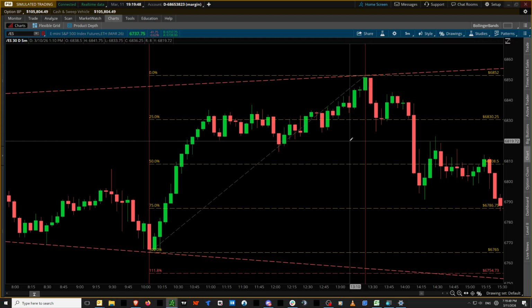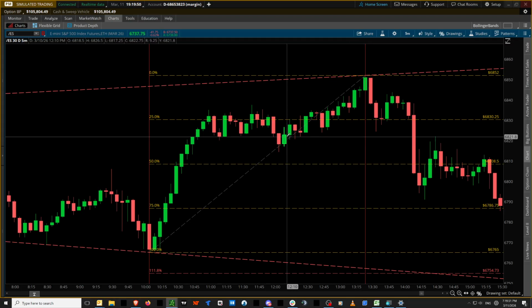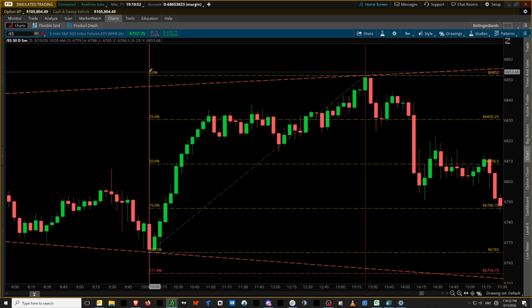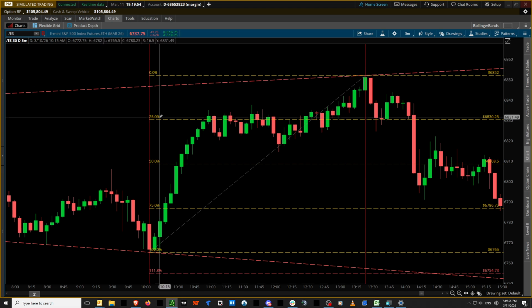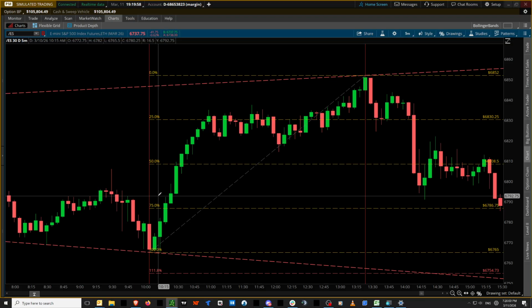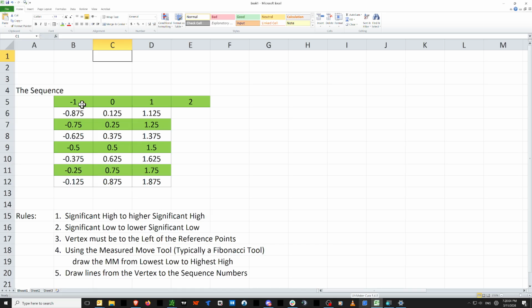Now, I've already set this up in quarters. You'll see that we're also going to do it in eighths. And if you go back over here and you look at the spreadsheet, whew, that's bright. I've got the quarters here in green, but we can also subdivide it into eighths.